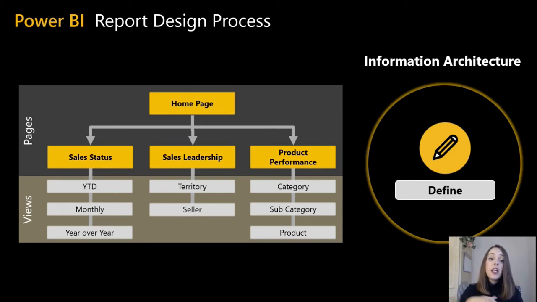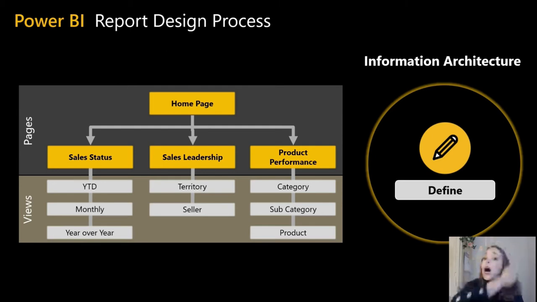Users will be able to view sales year to date, monthly, year over year. In the sales leadership page, they will be able to see the view by territory, by seller, and in the product performance page, the users will be able to see the data at category level, subcategory level, and also product level.